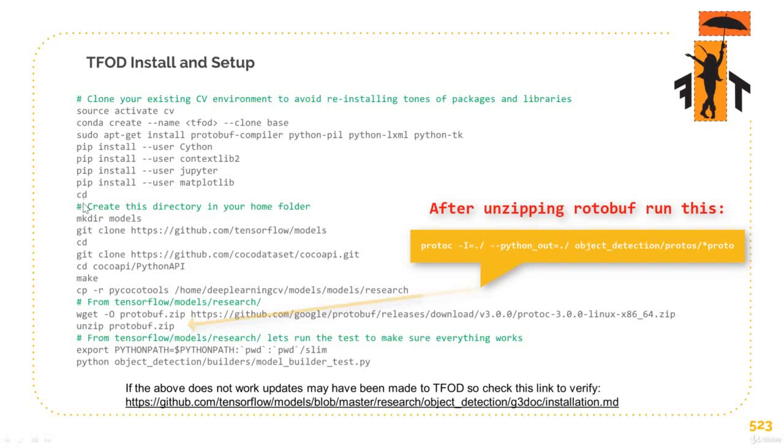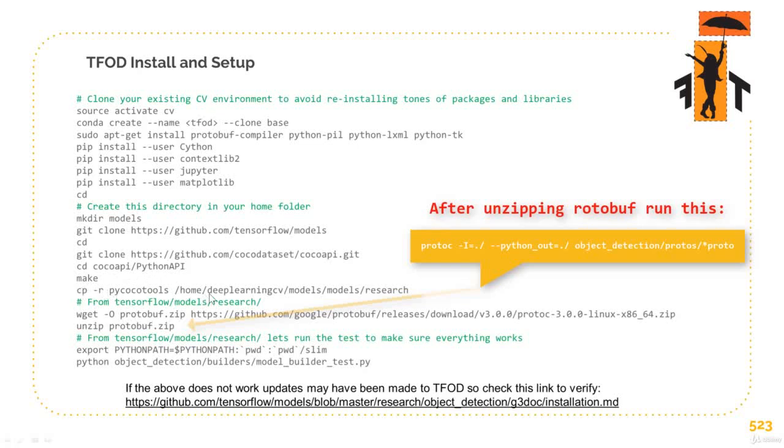We go back to our main home directory, make a folder called models, and then git clone from this GitHub link, TensorFlow models, and go back again to the directory and git clone this as well. Now, go into this directory, the COCO API, Python API, and enter make. This will compile and build some stuff that you need.